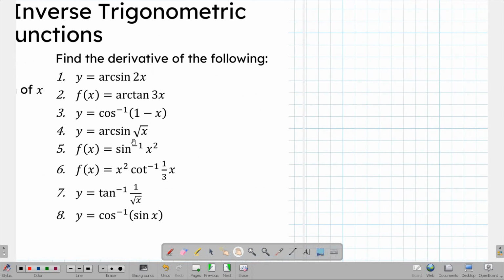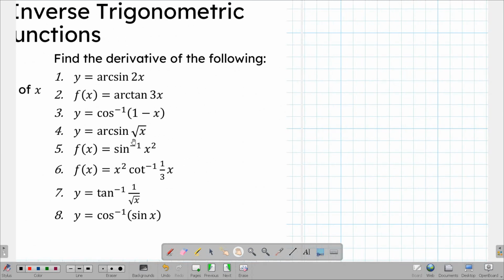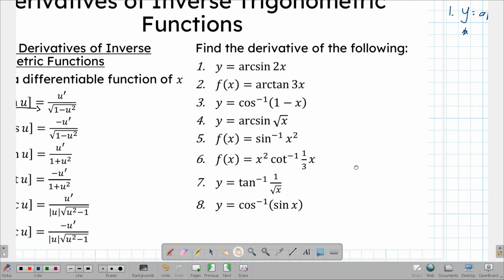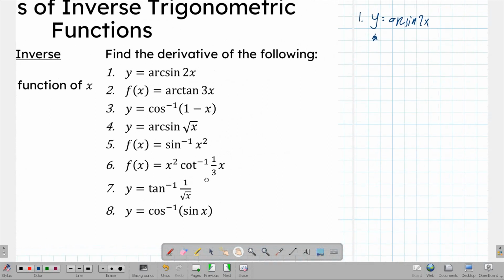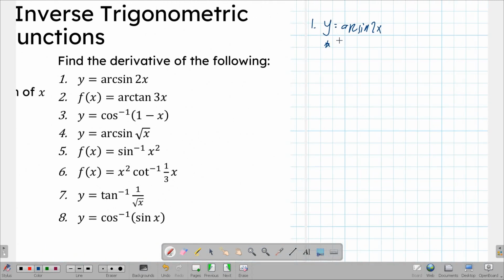For example, in number 1, we have y is equal to arc sine 2x. Again, if you recall the derivative of inverse sine, if y is equal to arc sine u, then y prime will be equal to u prime over the square root of 1 minus u squared.